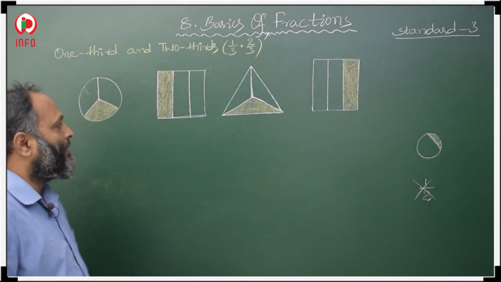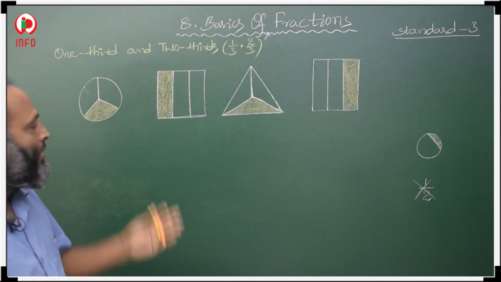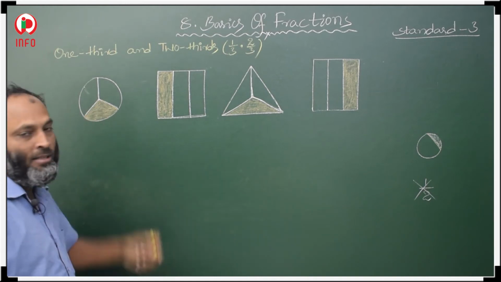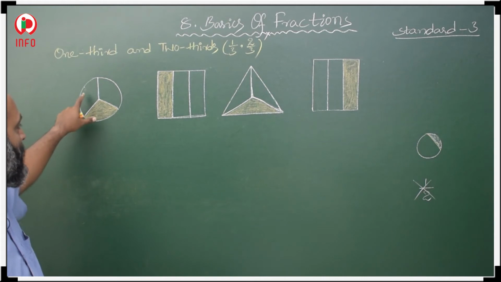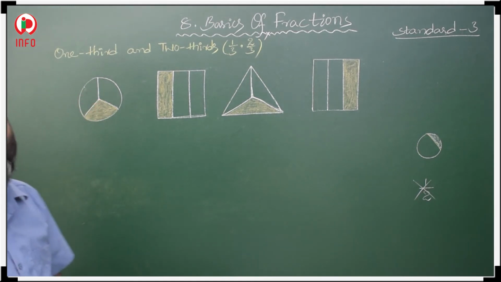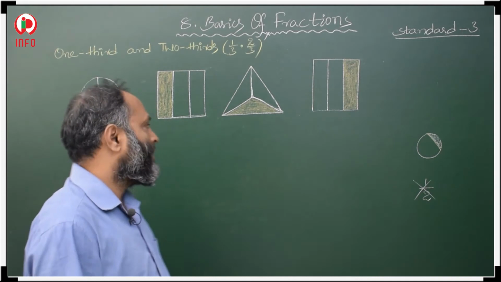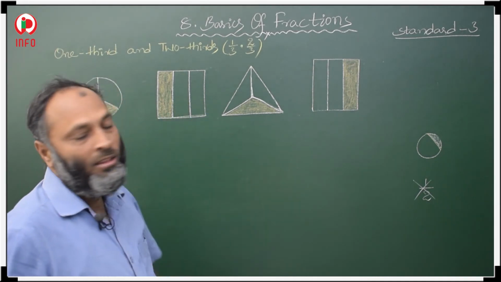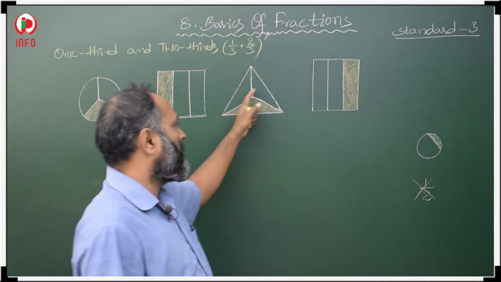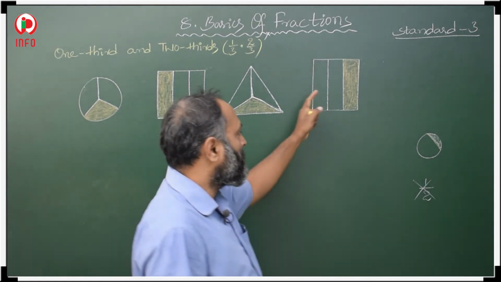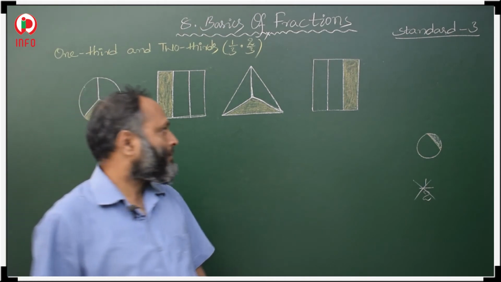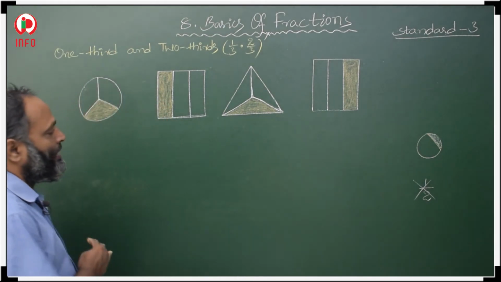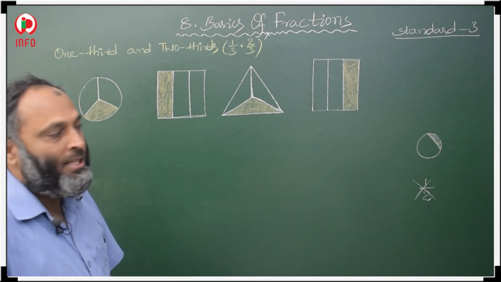So, circle, square, triangle and circle, square, triangle are given. Here this circle is divided into 3 equal parts. How many? 3 equal parts. Here also divided into 3 equal parts. Here also, and here also. In all these cases, we divide into 3 equal parts.